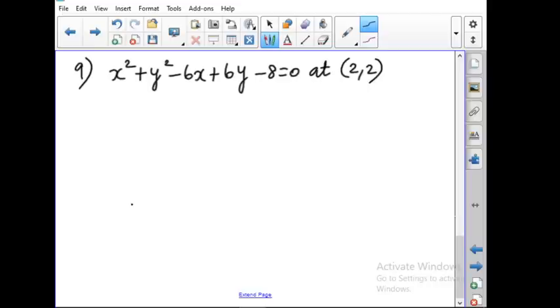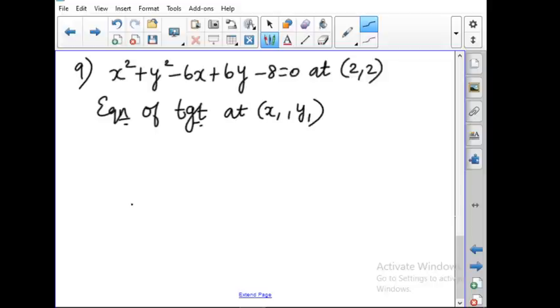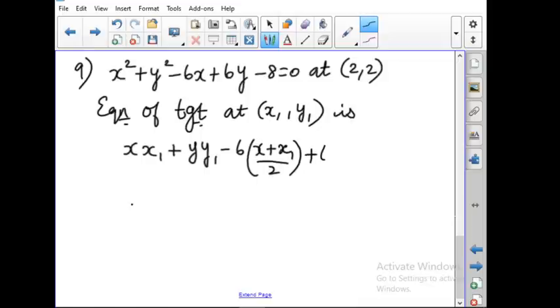To find the equation of the tangent at x1, y1, we replace x square by x x1 and y square by y y1, minus 6 into x replaced as (x plus x1) by 2, and y replaced as (y plus y1) by 2, minus 8 is equal to 0.